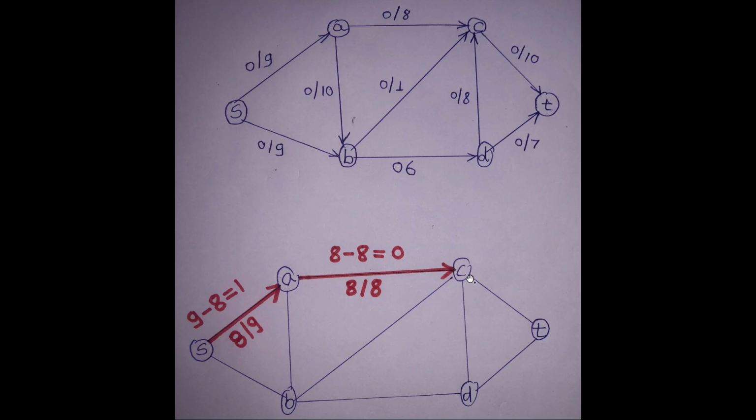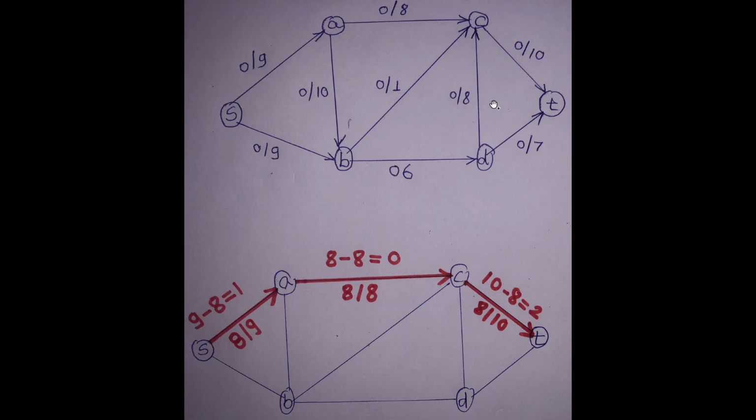Now we reached C, and from C only one path is there, up to T. So we will reach T, which has capacity 10, and we are flowing only 8, so it is possible. So C to T, 10 minus 8 is equal to 2.